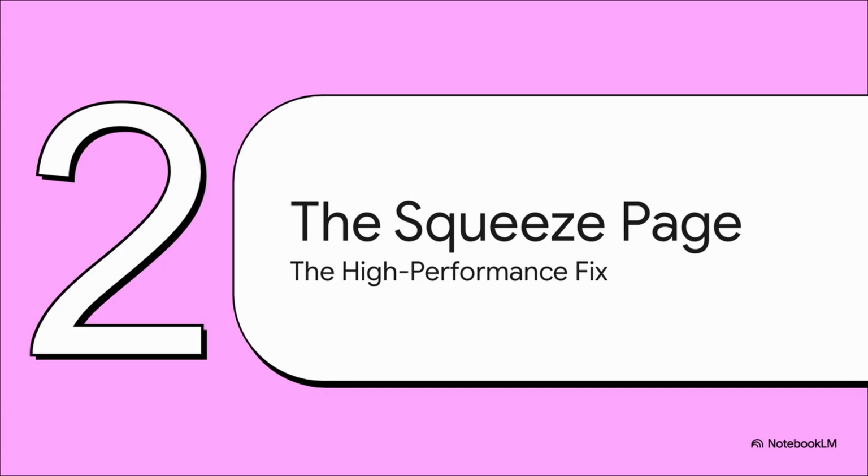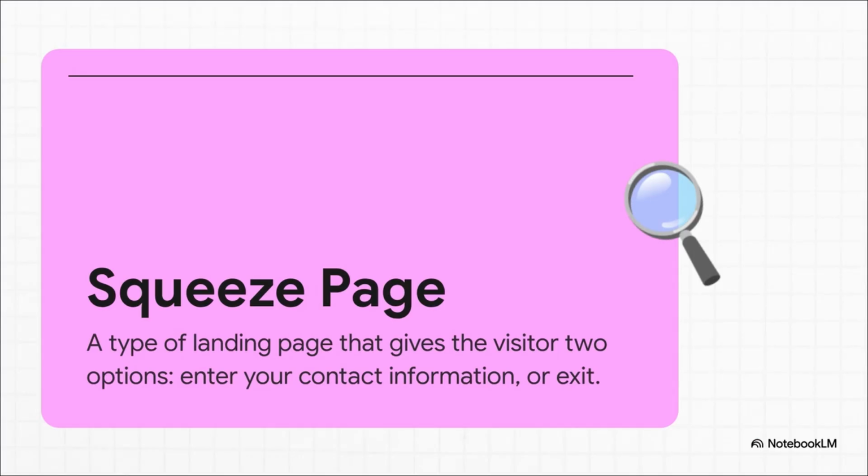So, how do we plug all these leaks? Well, we don't just patch the old bucket, we're going to replace it with a high-performance model. It's called a squeeze page, and it is specifically engineered to do one thing and do it exceptionally well: capture leads. So what is this thing exactly? A squeeze page is basically the ultimate minimalist landing page.